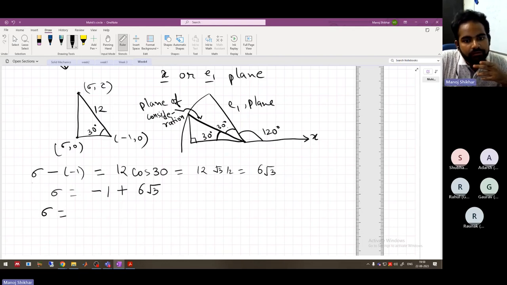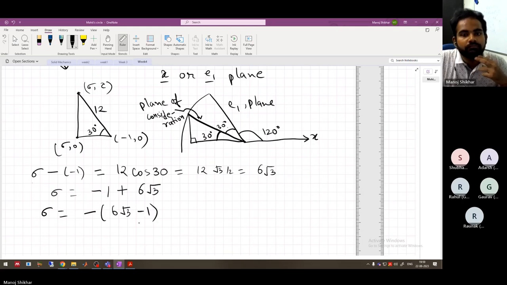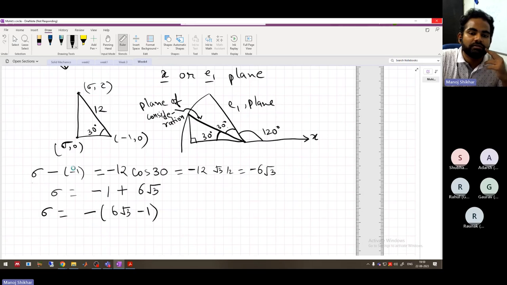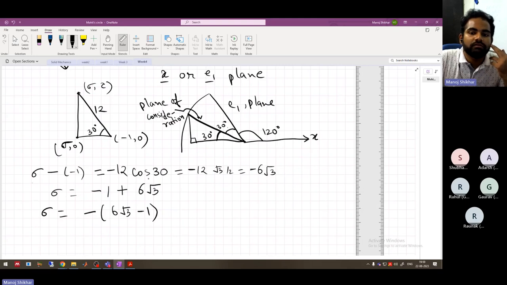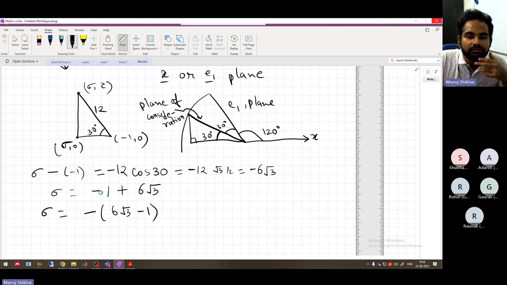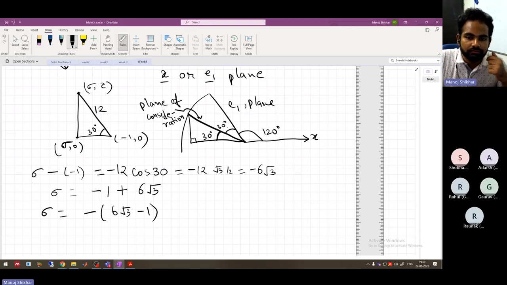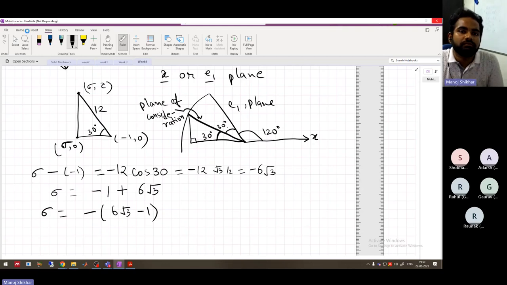So the coordinate of sigma will be what? Because we are moving in a coordinate system, we should write like this because we have considered sigma, 0. So sigma minus -1, and this will be -12 cos 30. So here it should be -1.